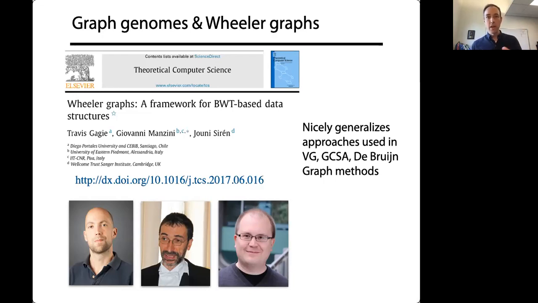So this is one of the areas of theory that I really feel like has been advancing very nicely in lockstep with the practice. And now that some of this theory is set and known, and that theory is continuing to move forward, I think that's going to propel good future advances both on the graph side of things and on the side that I'm about to describe for indexing collections of linear reference genomes.